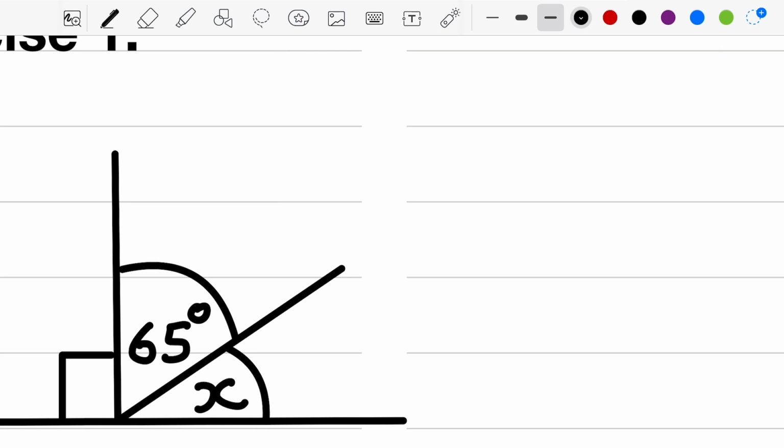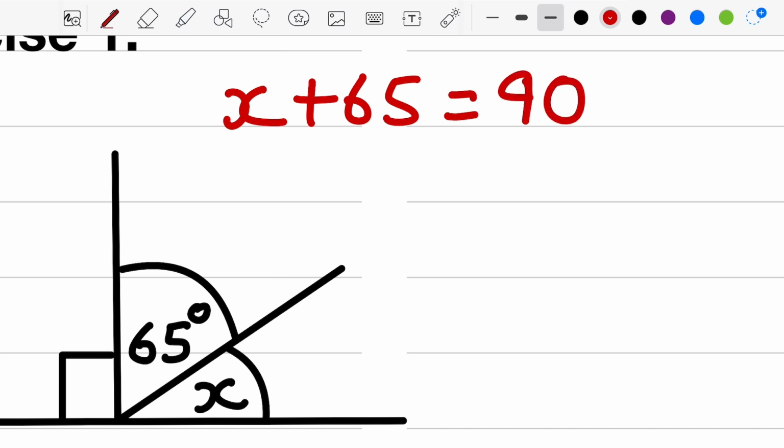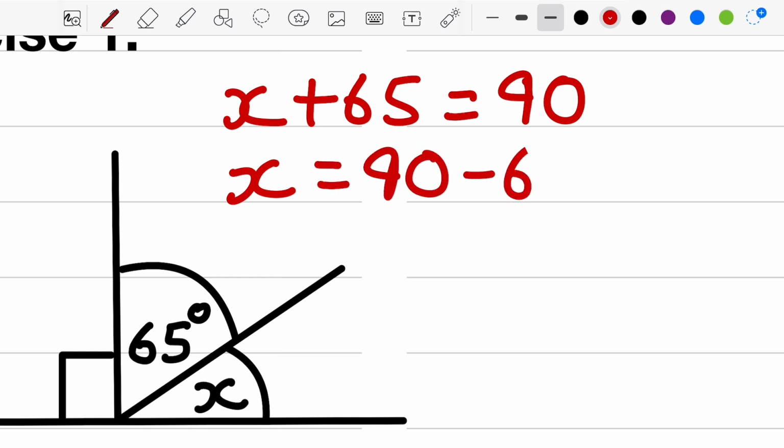So we know that x plus 65 will be equal to 90. So x will be equal to 90 take away 65, which is equal to 25 degrees.